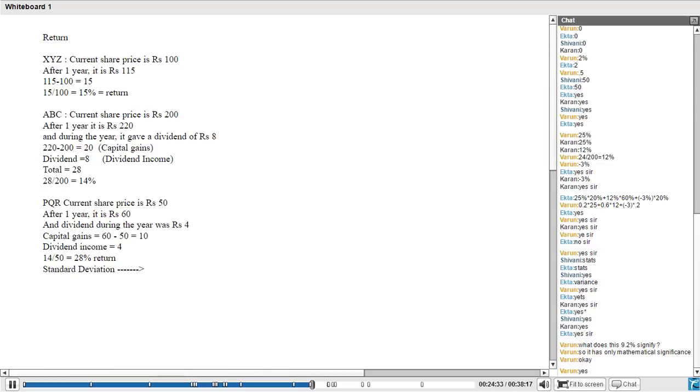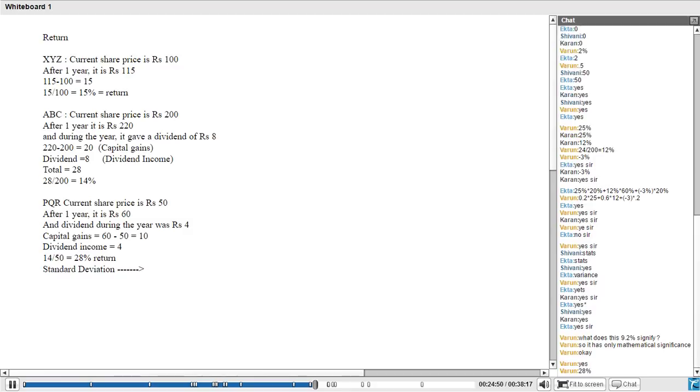Understand, in company PQR we have only one scenario. Varun, the return is 28%.